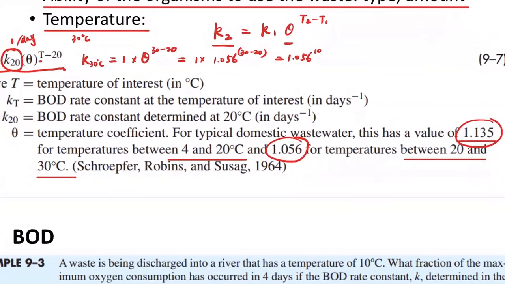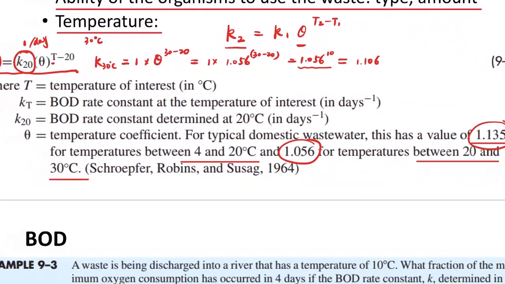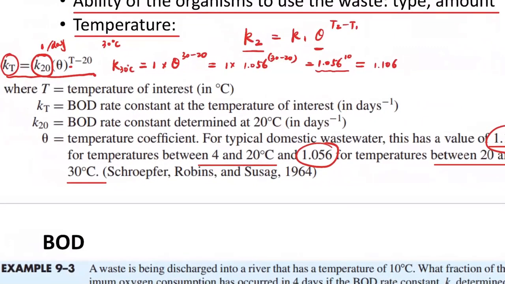So basically, you can use some simple methods. You can either use your calculator or use the Taylor series expansion, right? This term is around 1.106, okay? So this is how we can determine the rate constant at a different temperature, right?